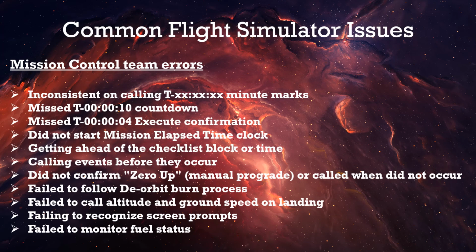Now, you'll notice in the landing checklist that there are only a couple of specific altitudes that have checklist blocks. Those specific ones should be done by the mission director because they are specific to other events occurring. All the ones in between should be handled by Mission Controller 1 or Mission Controller 2.